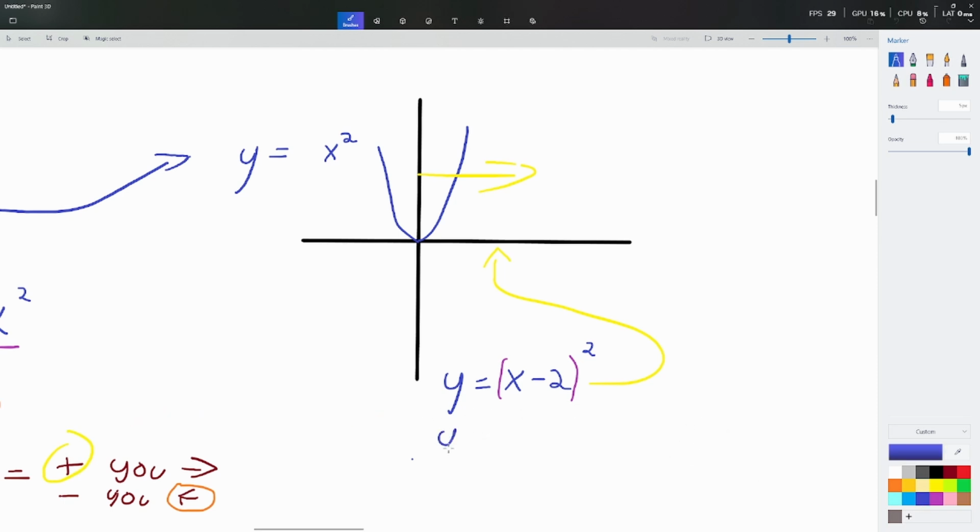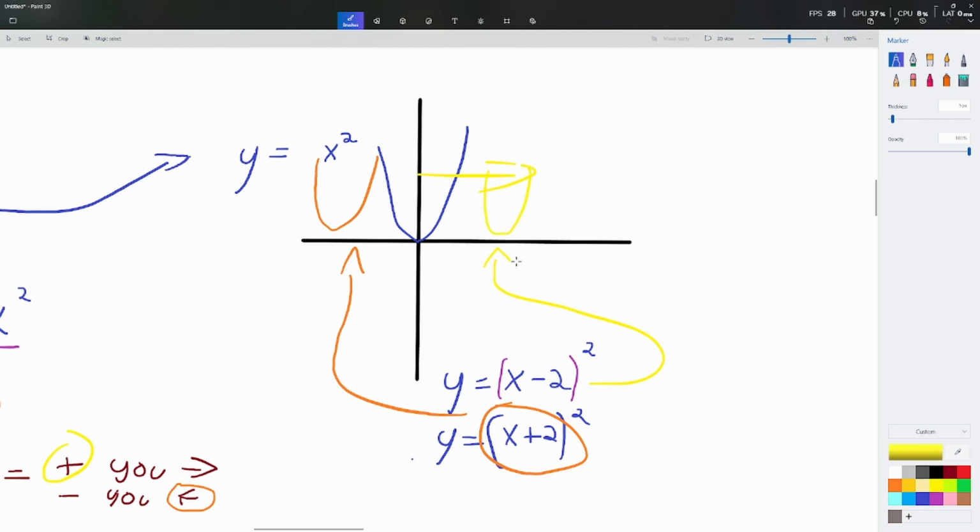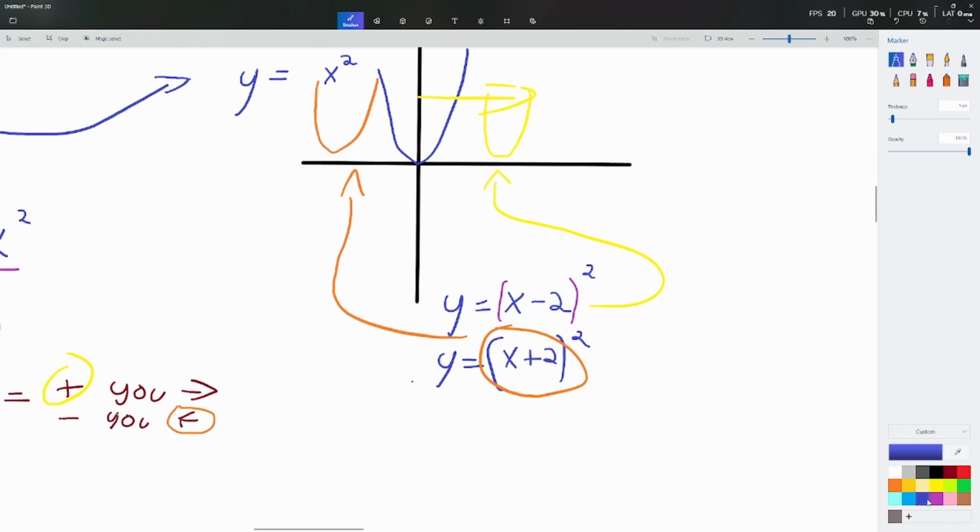Therefore you can always remember that if you have (x plus 2) squared, then your function will be on the left side, which will be over here. This is a bad graph, but I hope you can understand what I mean. So remember, if you're translating functions horizontally, plus is negative, however negative is plus.